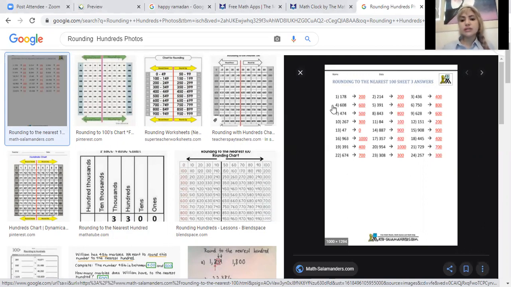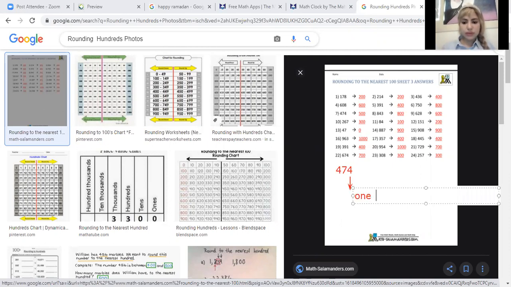Let's see 474. Let me write it with you one by one. So we have here 474. What is the ones digit? This is the ones digit.